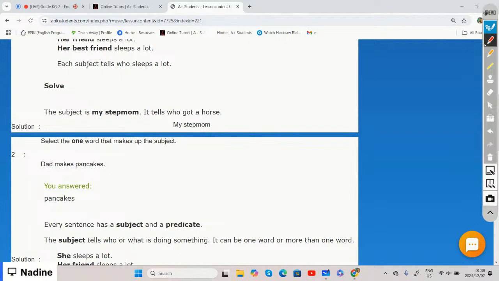And if we were to select our one subject, then dad is our subject. It tells us who makes pancakes. So dad is our subject.